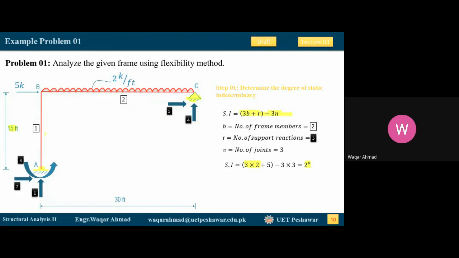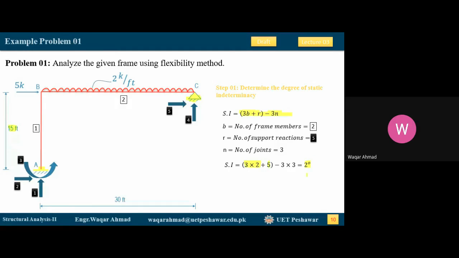These are the 6 unknowns. And 5 are these unknowns, 1, 2, 3, 4, and 5. So out of these 11 unknowns, we cannot solve 2 unknowns with the available equations. I hope you are getting my point.